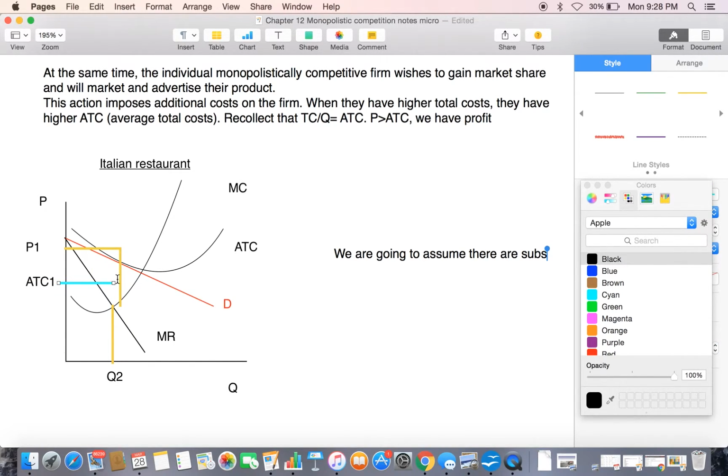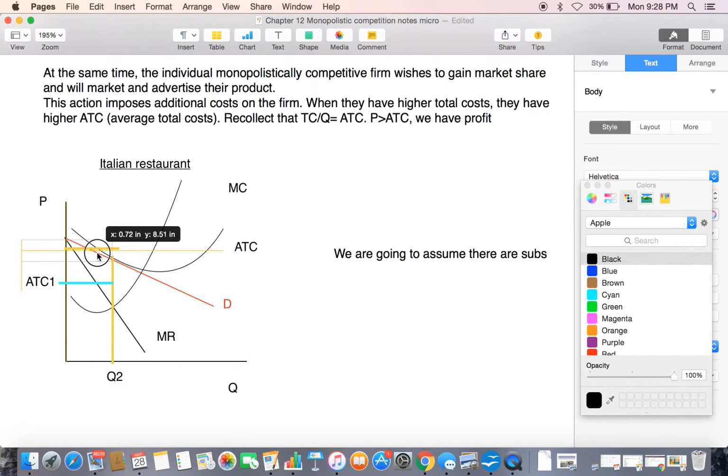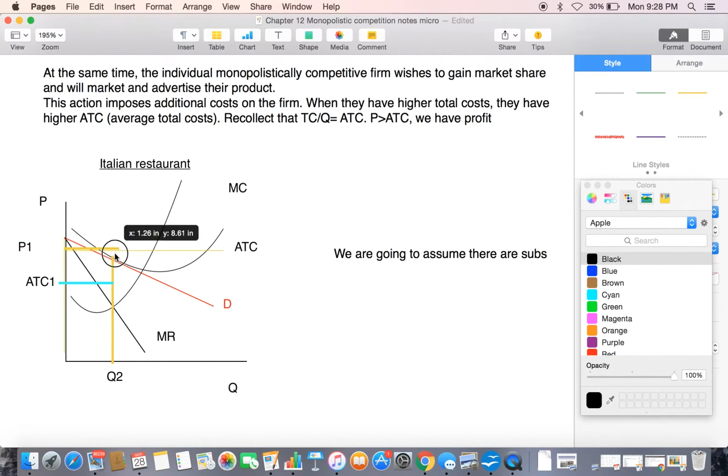And we will price our meals at the corresponding price that matches the quantity demanded along the demand curve. So let's take a look at what price that is.